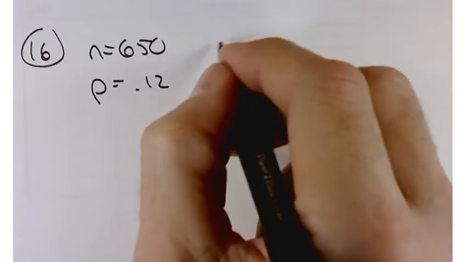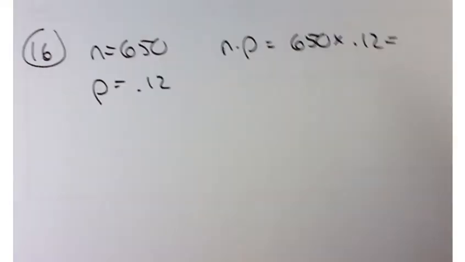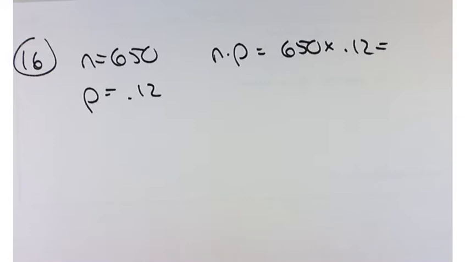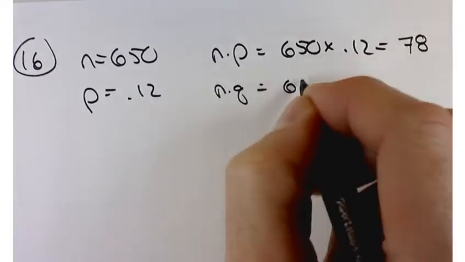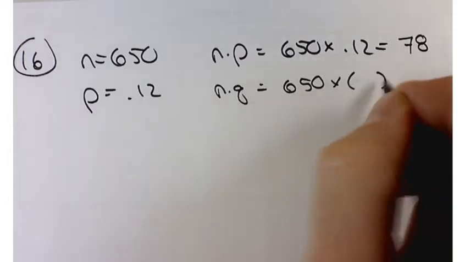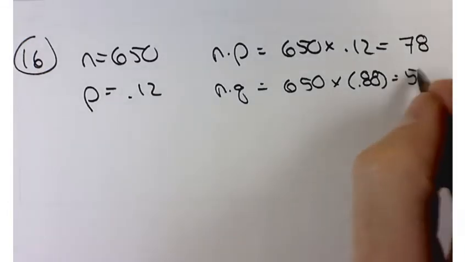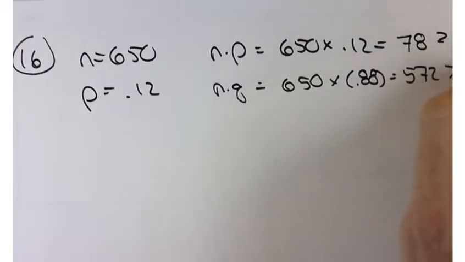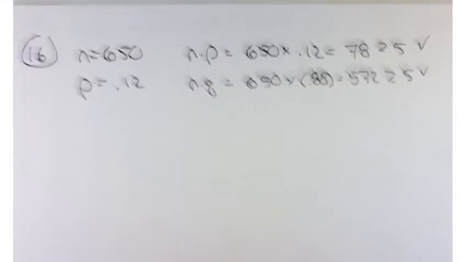Okay, so n times p is 650 times 0.12. 78. N times q is 650 times 0.88, and whatever it is, it's certainly going to be greater than 5. Both of these are greater than or equal to 5. So we're okay with those assumptions as well.